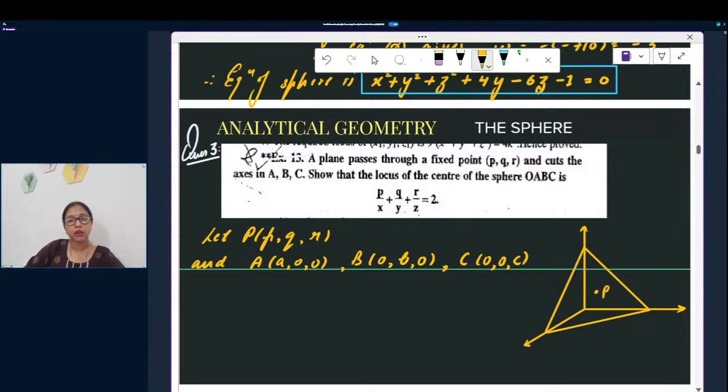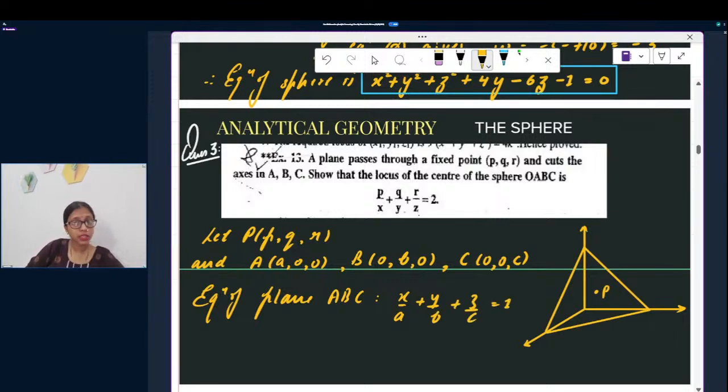Right? Now, how can I find the equation of such a plane? So the equation of this plane, the equation of plane ABC, is x by a plus y by b plus z by c is equal to 1. But this plane is continuously passing through this point.